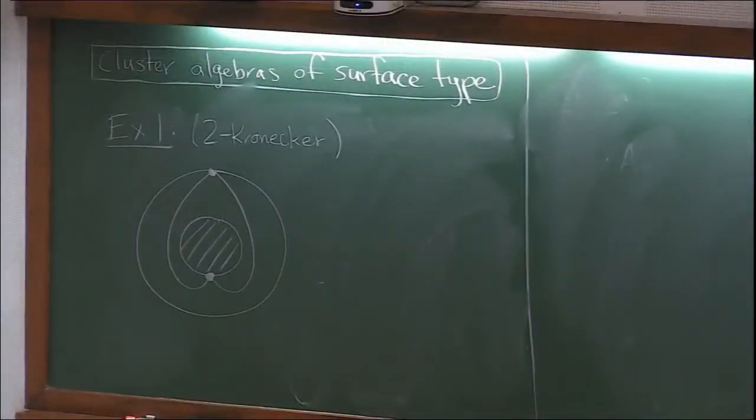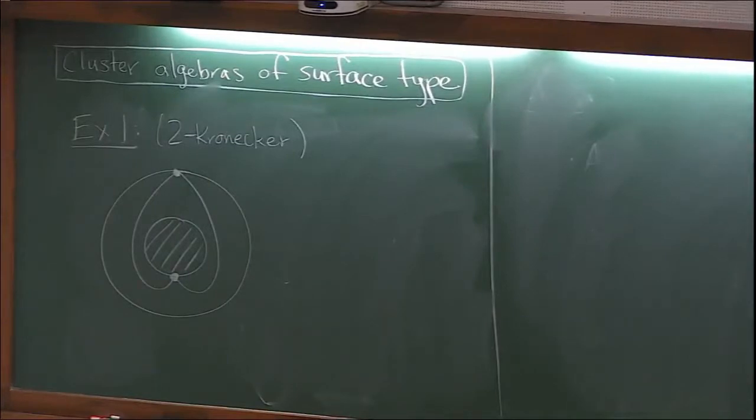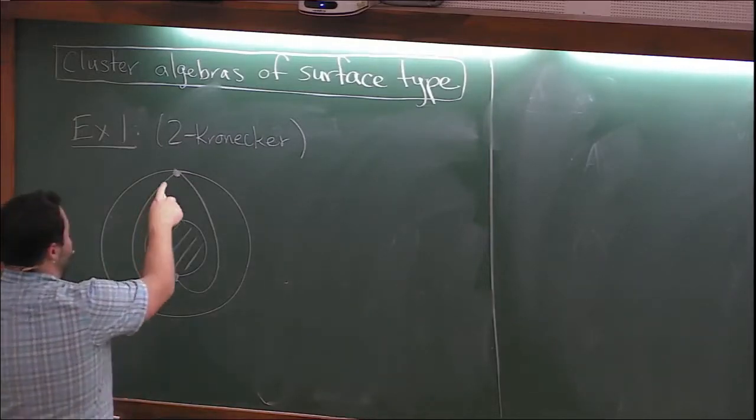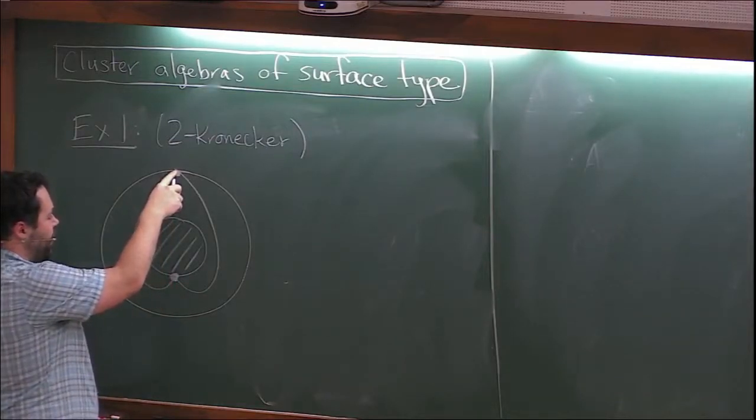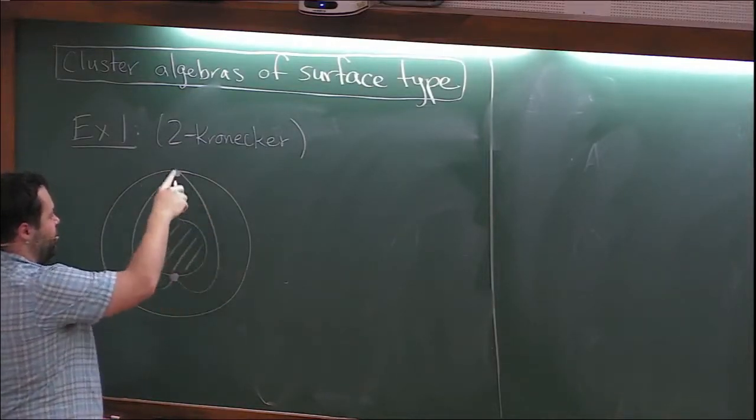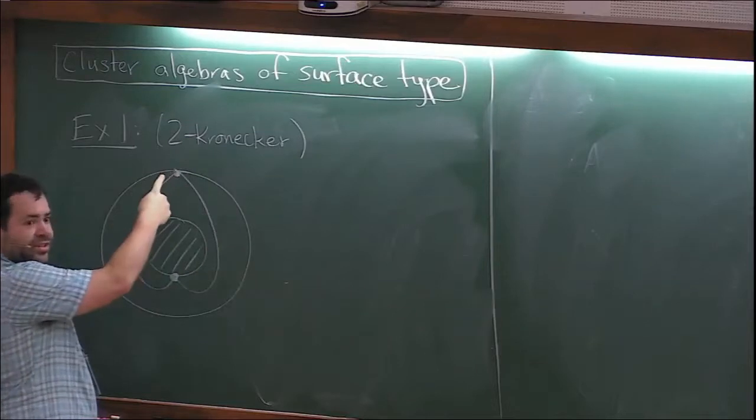Yeah, so I have a disk, and I'm cutting a disk out. Two boundary components, each of which have a marked point. Right, so a triangle can be gotten by using this edge, and this edge.